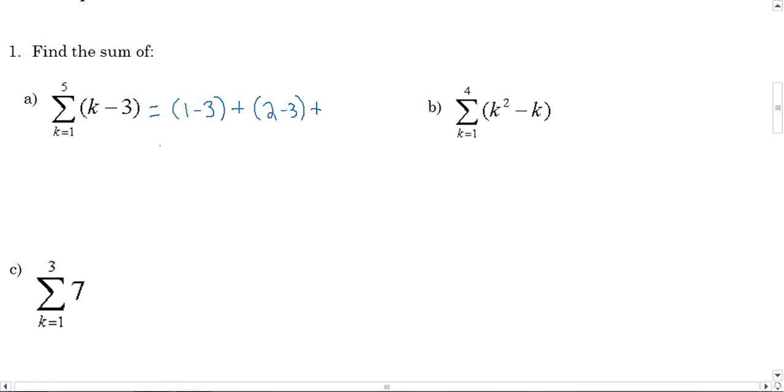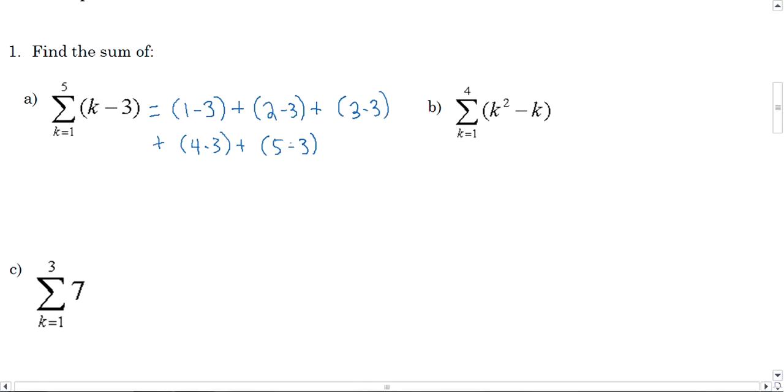Let's go on to the next index, 3 minus 3, and then plus. Next is 4, so 4 minus 3, and then plus. And that's our last index: the upper index is 5 minus 3. That's when I stop, because I've written out all the numbers from 1 to 5.